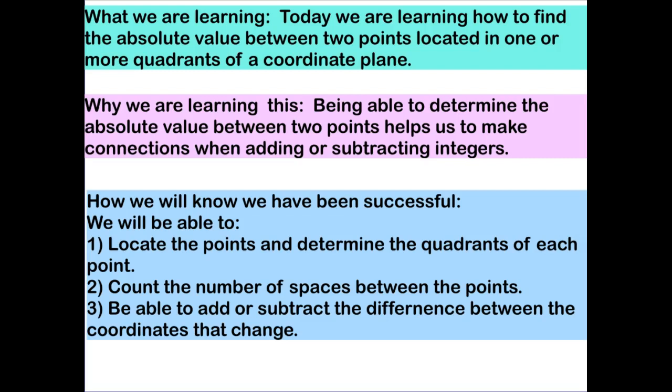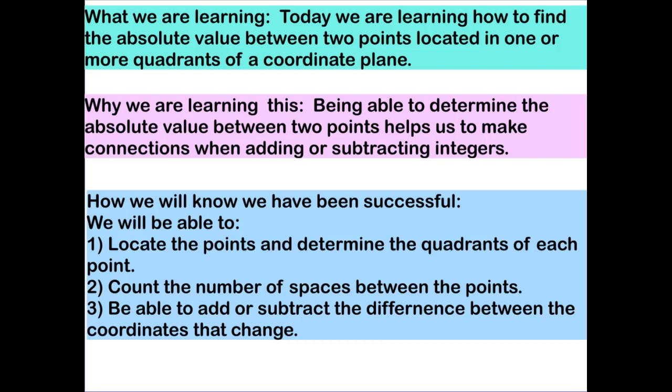Next year in 7th grade and in 8th grade, you will be working with integers, positive and negative numbers, and adding, subtracting, multiplying, and dividing. But when you're adding and subtracting, what you're learning with absolute value and determining the distance with coordinate points is going to help you to make those connections.